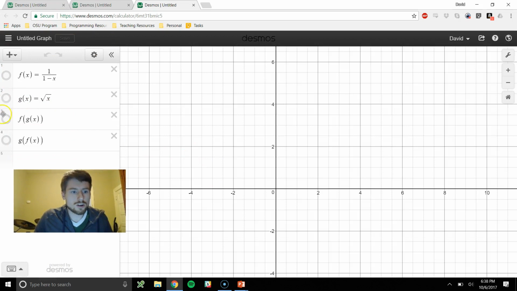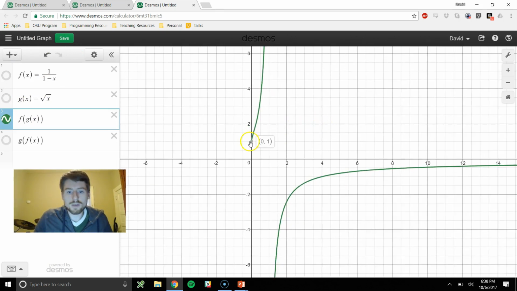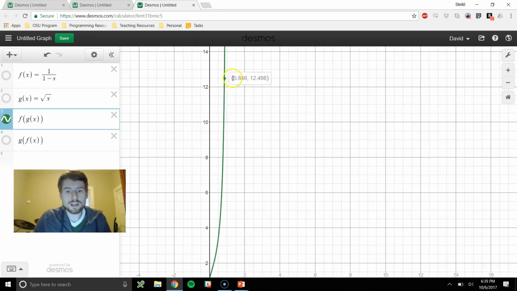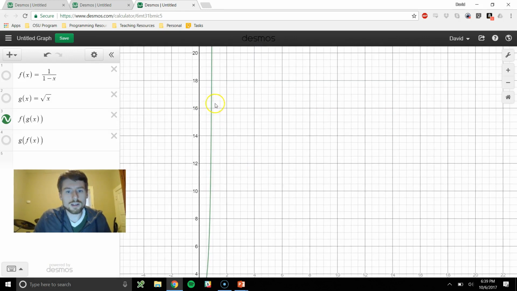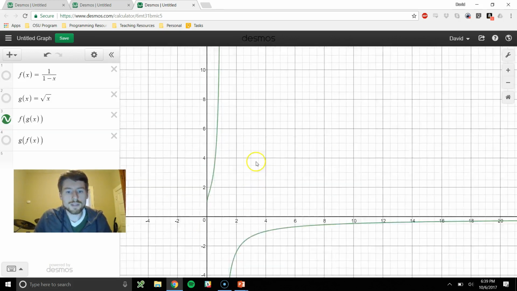Okay. So here's our f function, 1 over 1 minus x. If we plug the root in, we get this weird wonky graph, but you can see that we stop right at 0, and we zoom up towards some asymptote. Looks like we can get as close to 1 as we would like for our x's. See, we have 0.9 to 1, and if I keep going, I keep getting closer to 1.